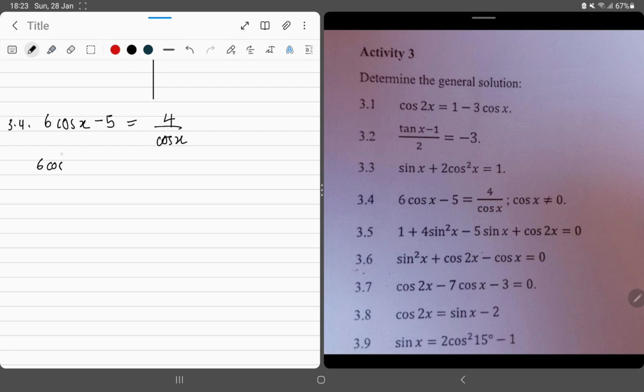So this is 2 cos squared x minus 5 cos of x, and this will be a negative 4 when I transpose it. And then I'm just going to divide by a 2 so that I have 3. Now if I divide by a 2, the 5 won't get divided. So let me just try and find factors.